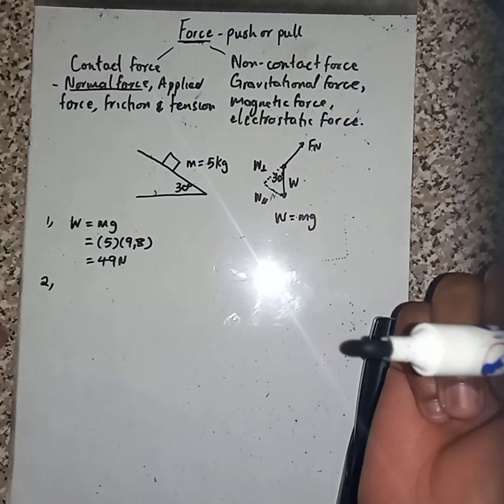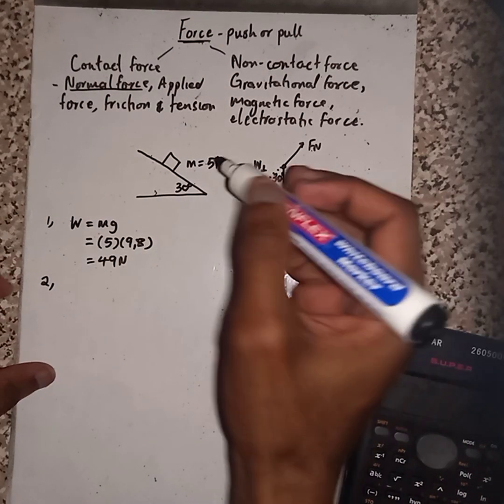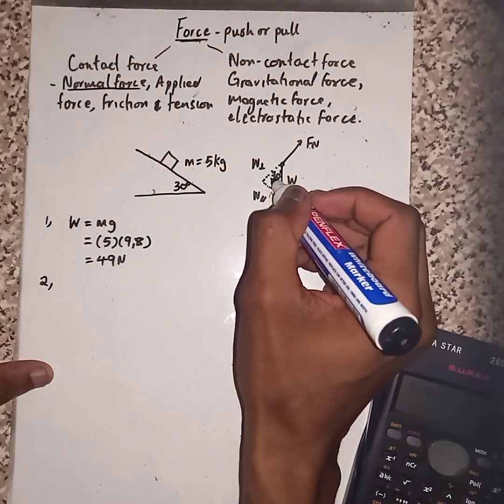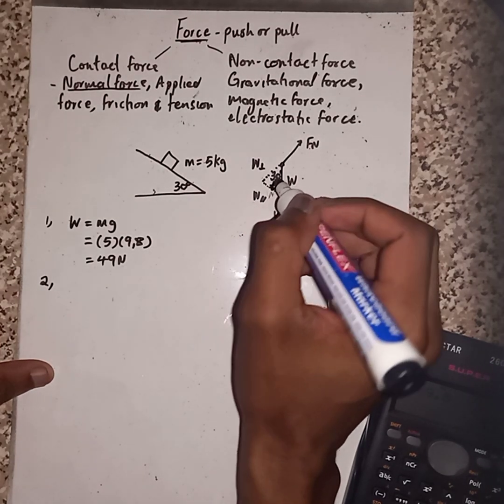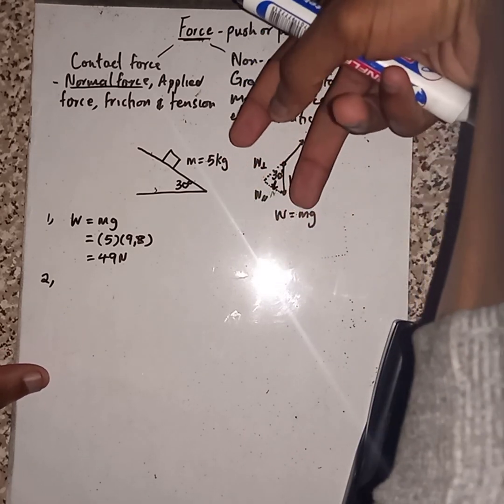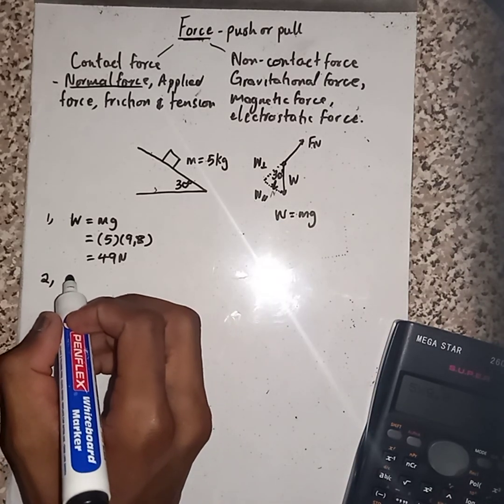Now let us figure out the parallel component as well as the perpendicular component. For us to determine the parallel component, check this component, it is opposite to that angle. We are going to use sine. Do you still remember SOH CAH TOA?